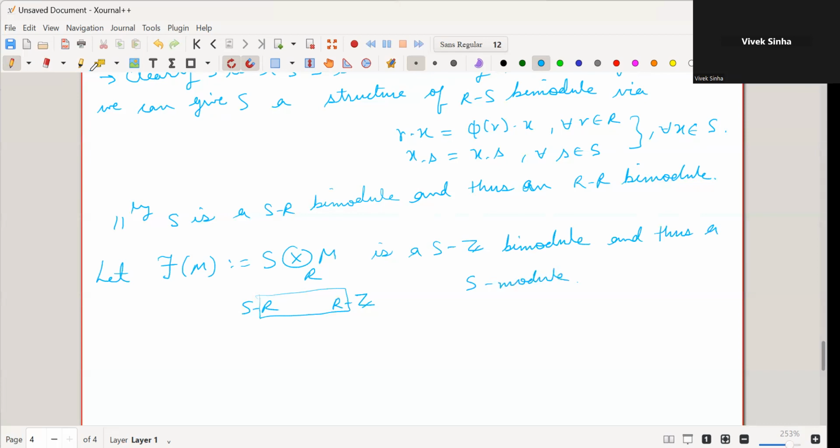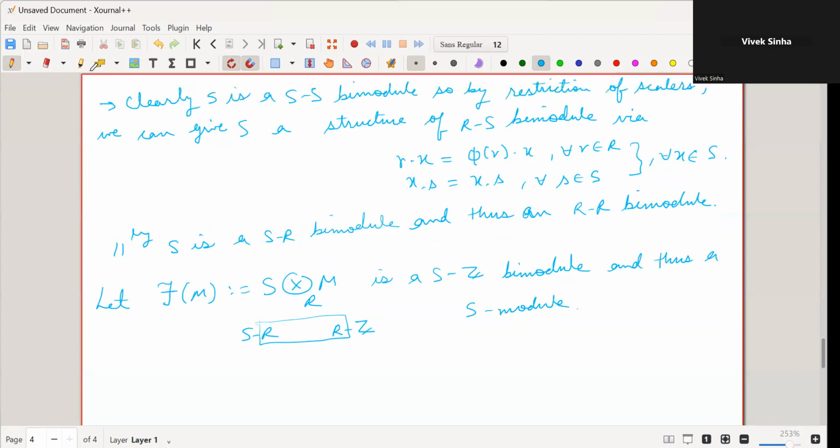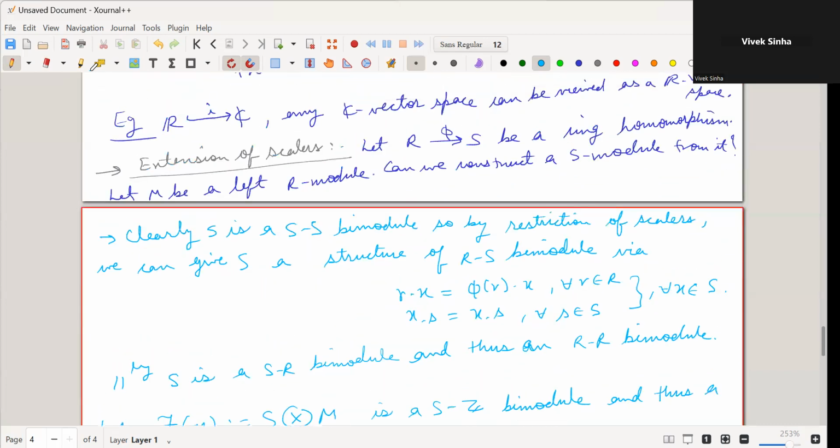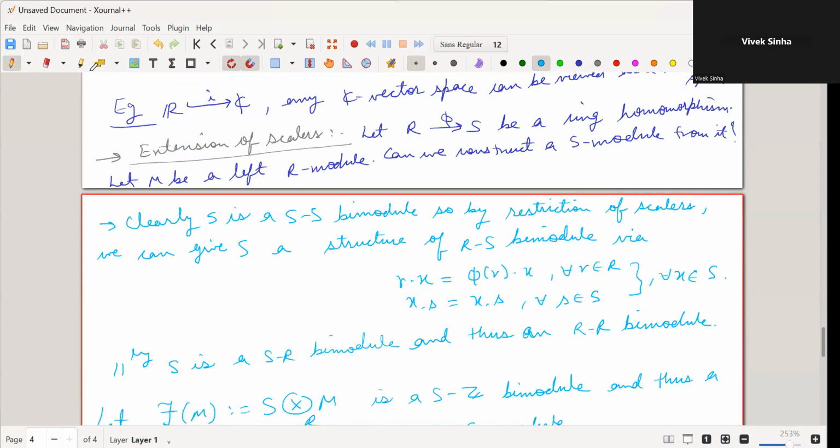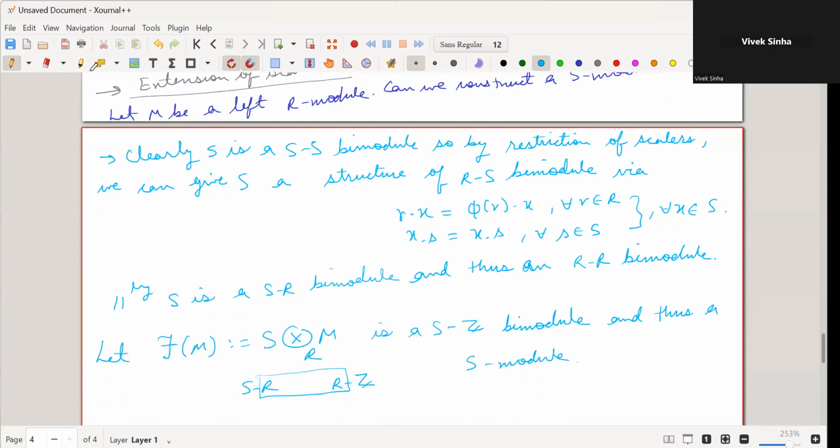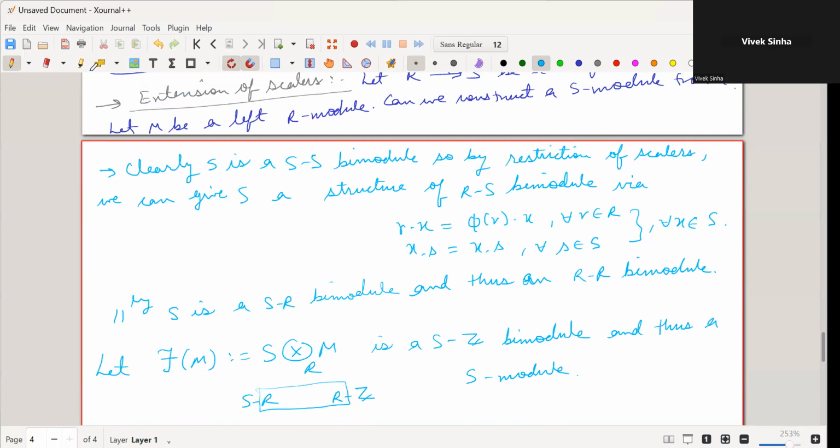So see, if the ring is commutative, then we can simply say, okay, M is having an S module structure, S is having an S module structure, so they will have an S comma S module structure, and then simply, sorry, here M is actually an R module, not an S module. If it would be an S module, then the thing would be easy.